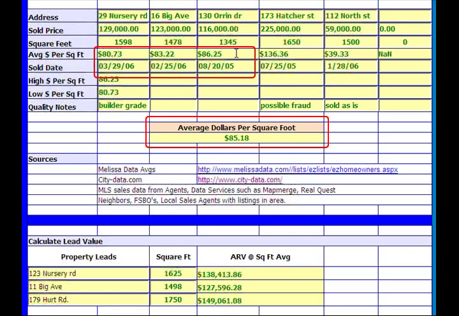The only thing I might want to do here is take note that the highest of these consistent dollars per square foot averages occurred back in the summer of '05. That's a pretty good ways back, so I might want to adjust this average downward slightly, but again, that's totally up to me.